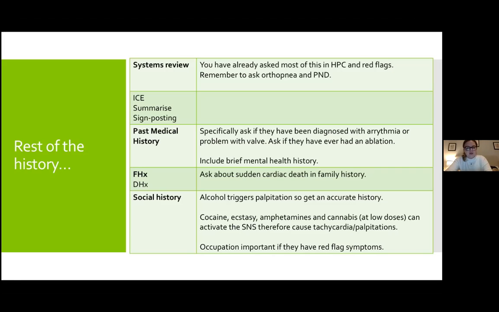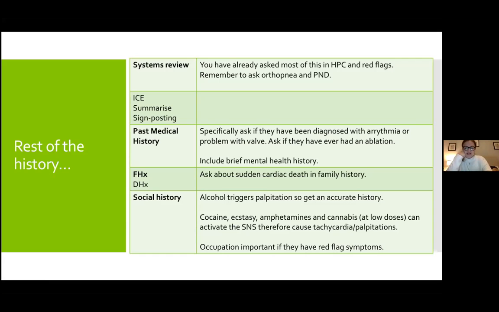And then, if you've got time, include a brief mental health history in terms of, is anxiety causing these palpitations? It's important in the family history to ask about sudden cardiac death because arrhythmias can cause this. And then in the social history, obviously you're going to ask about alcohol.